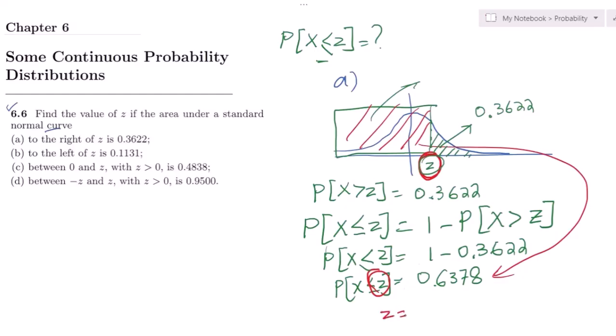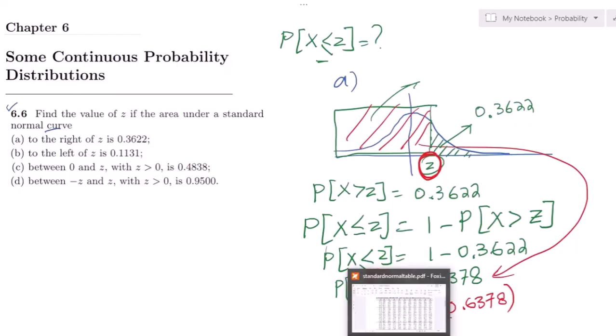This would be phi inverse of 0.6378, which means in the table we have to find where the value 0.6378 is written, and find the corresponding z value. So let us move to the table and find it.